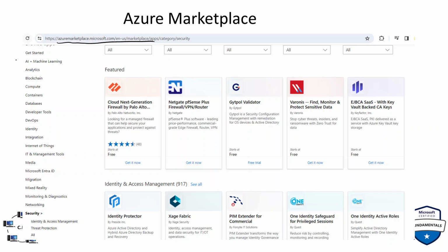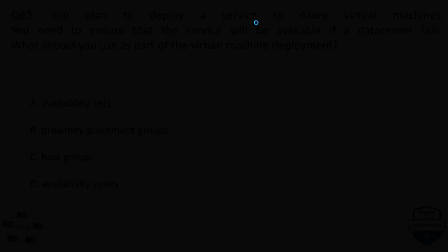And here you can see that we can get the virtual appliances of all these categories, including the security that we are talking about, such as the NG Firewall by Palo Alto, NetGate, pfSense Plus Firewall, and etc. Beside the security, there are also these other categories such as DevOps, compute, blockchain, AI, and etc. So if you want to use any service or any application or virtual appliance that is provided by a third party and integrated inside Microsoft Azure, then the go-to place is the Microsoft Azure Marketplace.